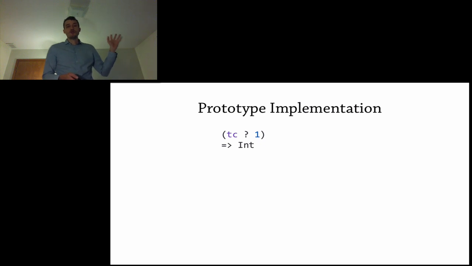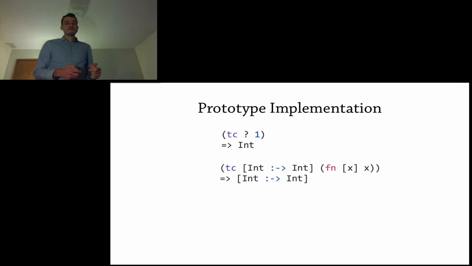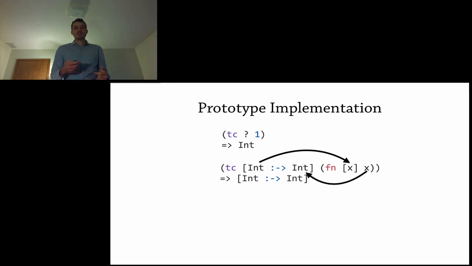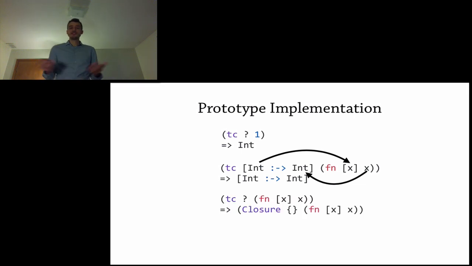So for example here, 1 synthesizes a type of int, and then fun XX, if you give an expected type of int, we use the typical bidirectional strategy of starting x as int and then checking the body to be int.